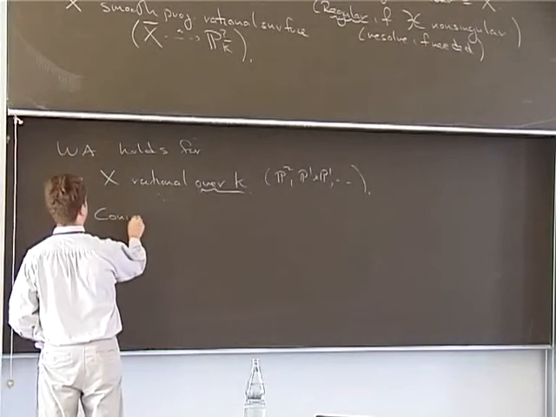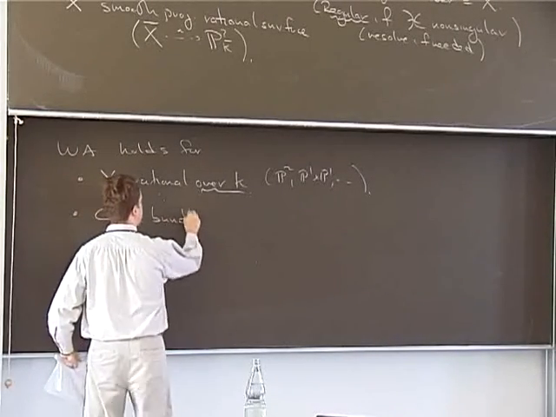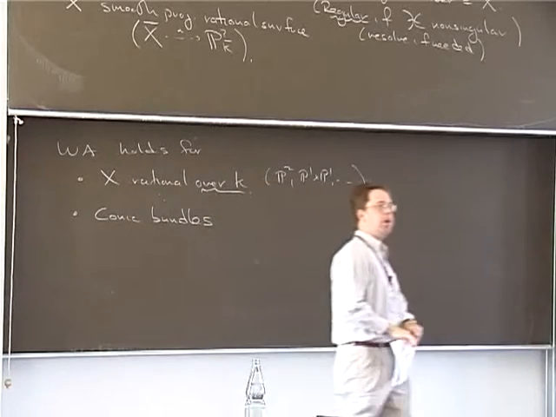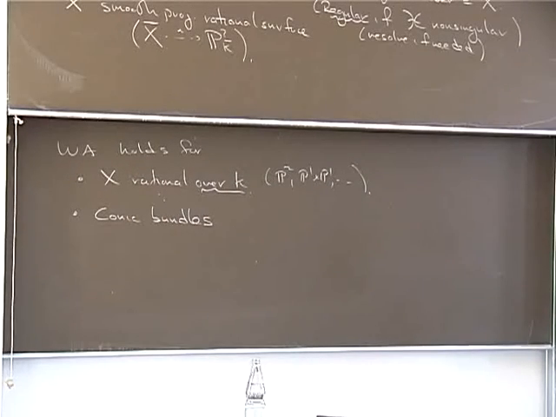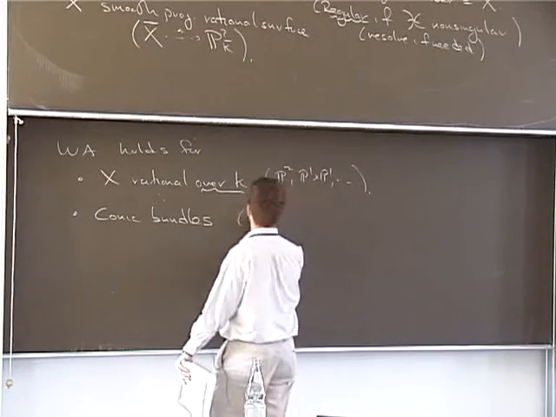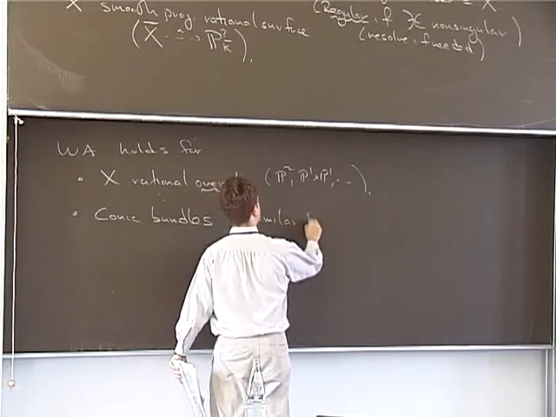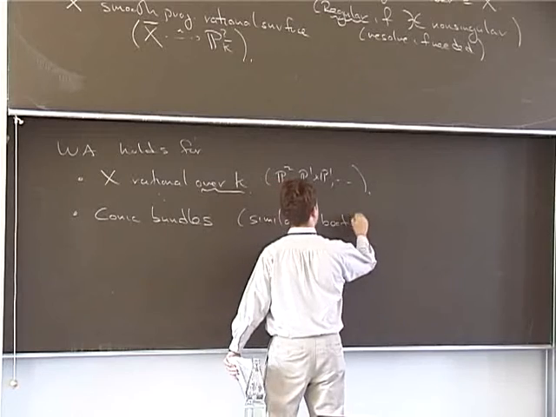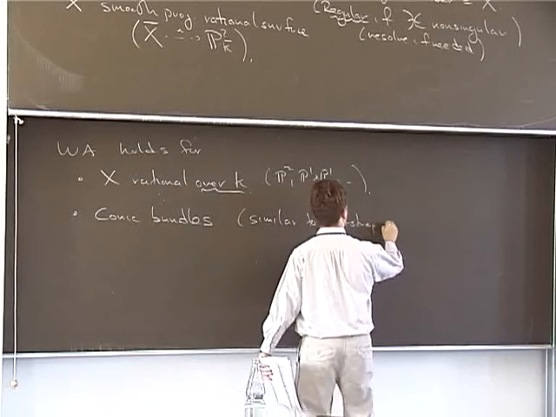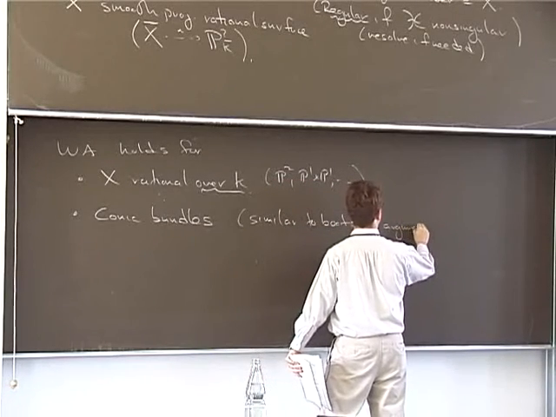For conic bundles, remember that fibration trick I did yesterday where I proved to you that conic bundles always have a rational point by bootstrapping? First I proved that the base has a rational point. Then I look at the fiber, and I prove that the fiber has a rational point using the Tsen-Lang theorem. The same bootstrapping argument will prove that weak approximation holds. So it's a similar argument from yesterday.